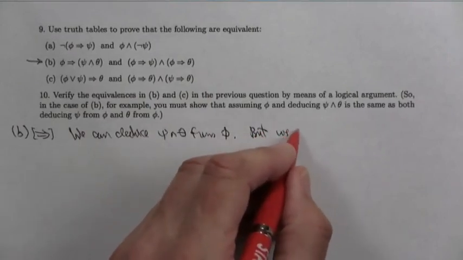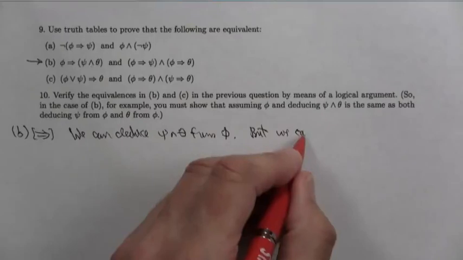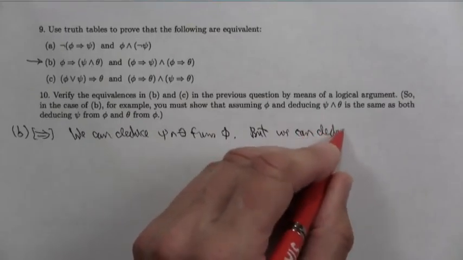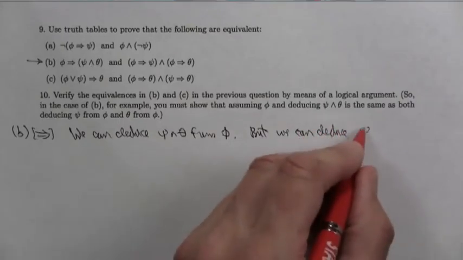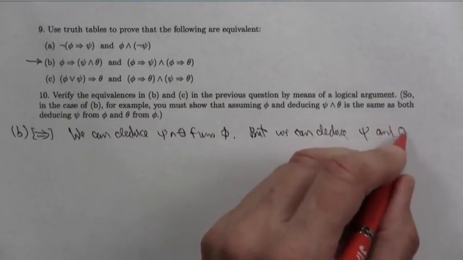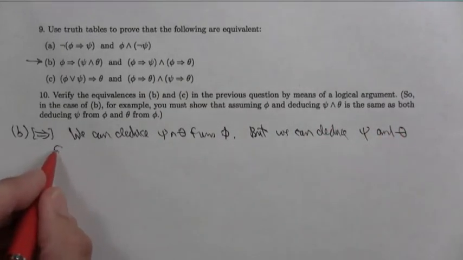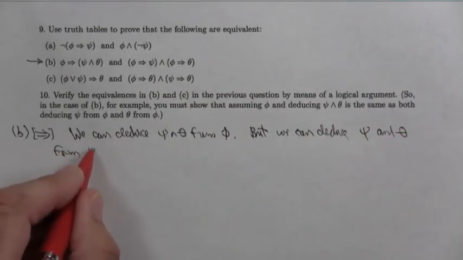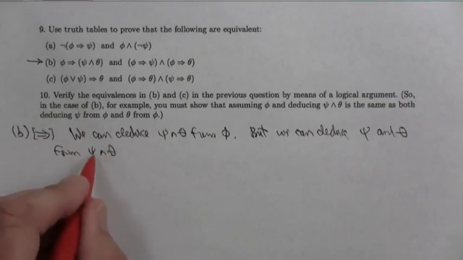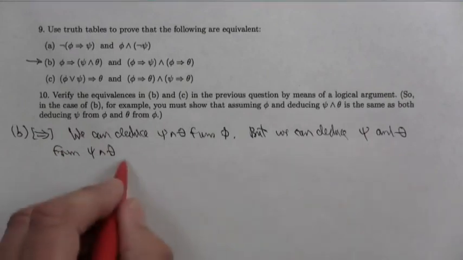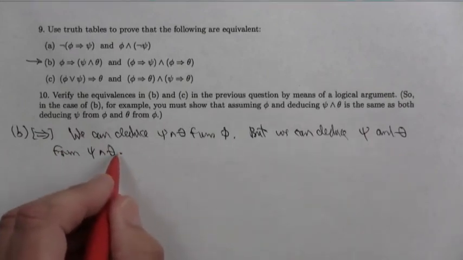But we know that we can deduce psi and theta from psi and theta. That's just a conjunction, and if we know a conjunction, we know both of the conjuncts. Okay?